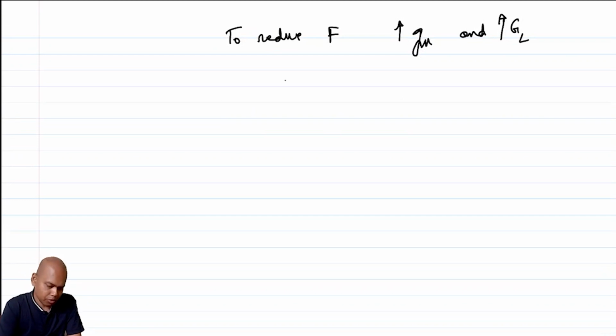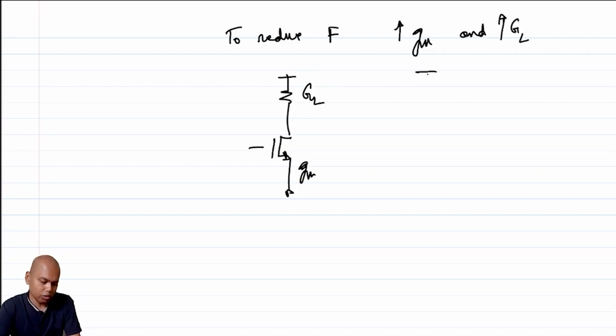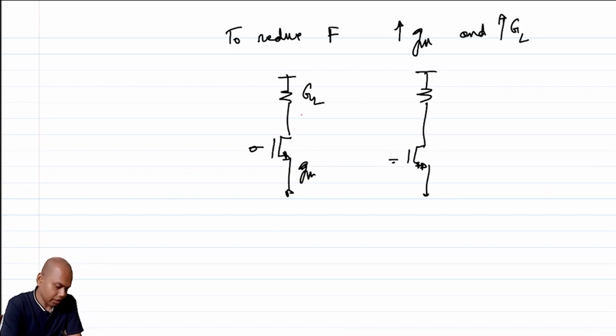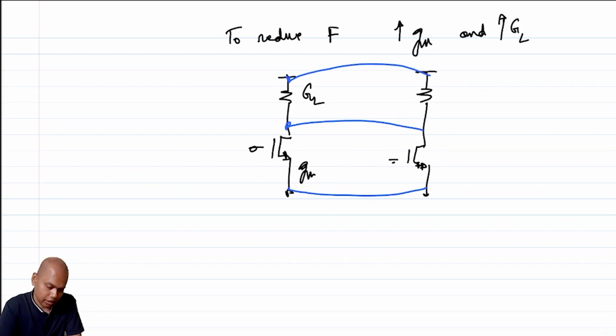So easiest way to go about doing it is, again, the oldest technique in the book to reduce noise. If this has a transconductance Gm and this has a conductance GL, all I need to do is copy the same circuit again, maybe twice in this case, right? So copy paste the same circuit and connect them node to node. So I connect this to this, I connect this to that, I connect this to this.